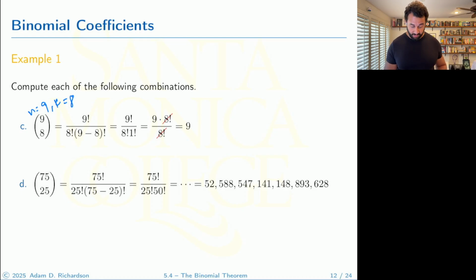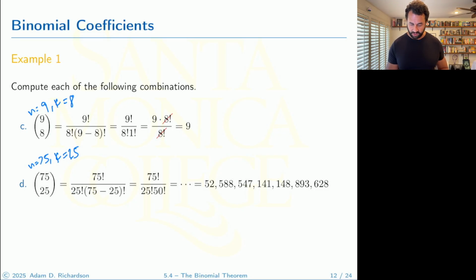So we can cancel the 8 factorials and we've got 9 in the end. All right, now this one is actually a very large number. So n is 75 and k is 25. How many different ways can you choose 25 objects from a collection of 75 objects? There's a lot.